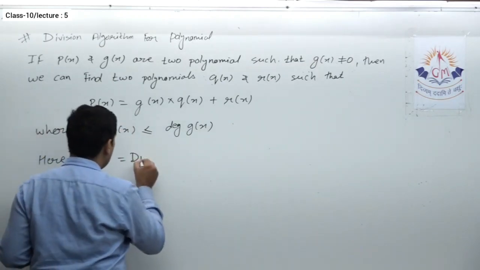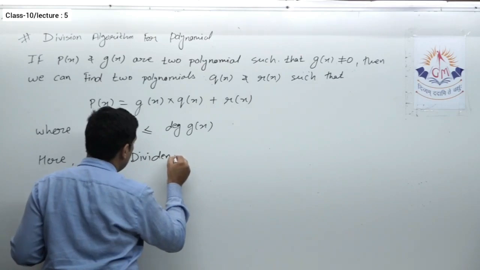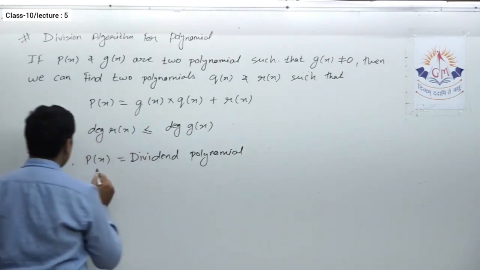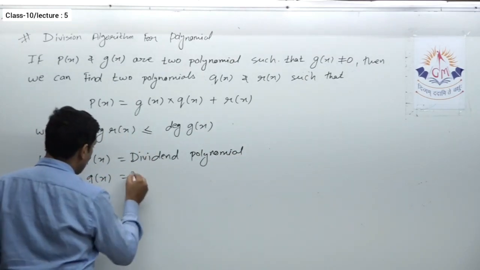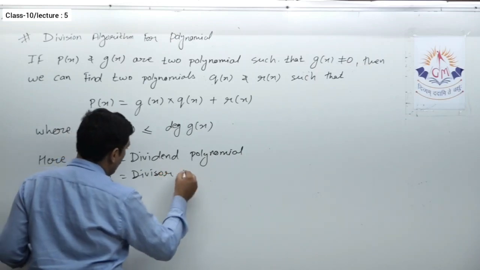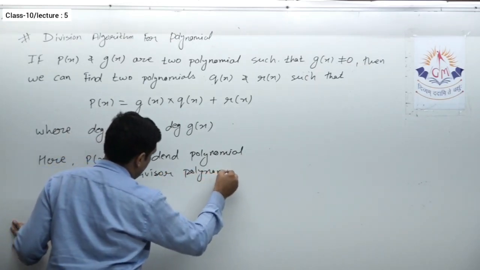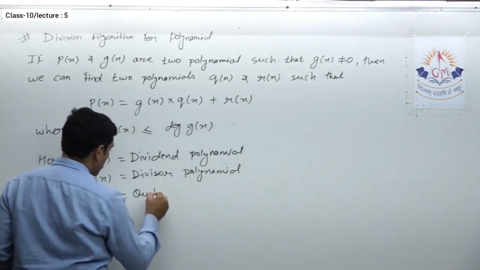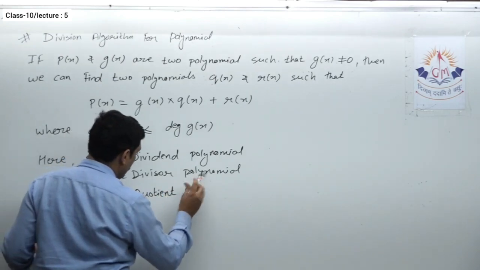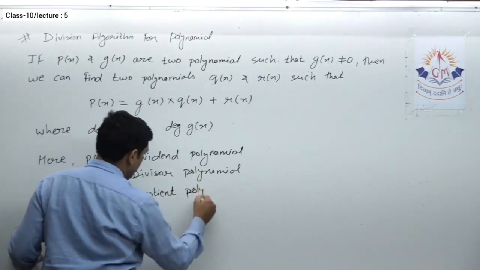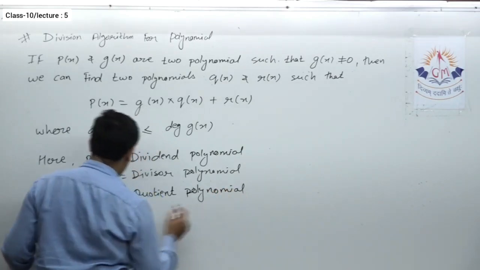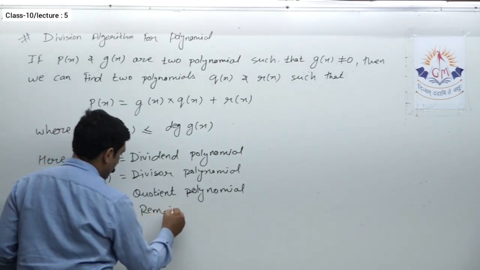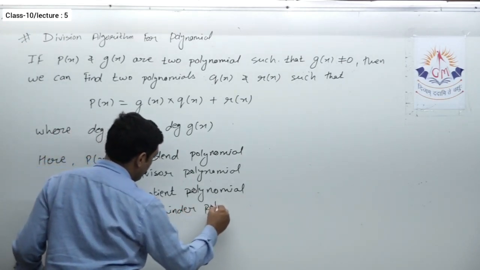So p(x) is the dividend polynomial, g(x) is the divisor polynomial, q(x) is the quotient polynomial, and r(x) is the remainder polynomial.